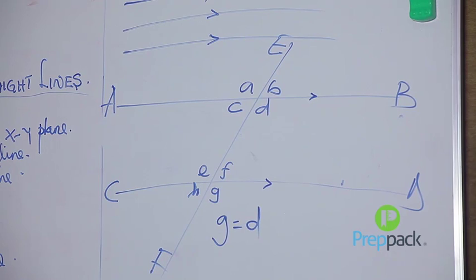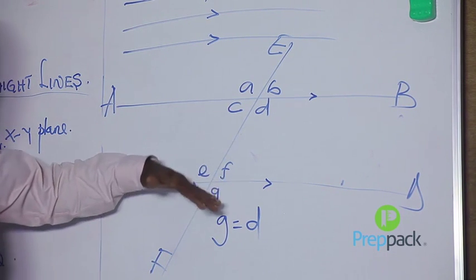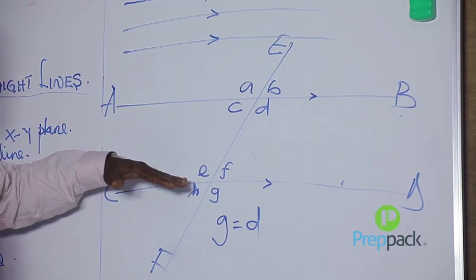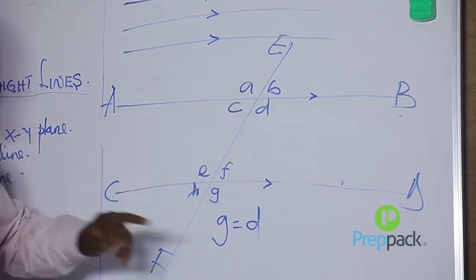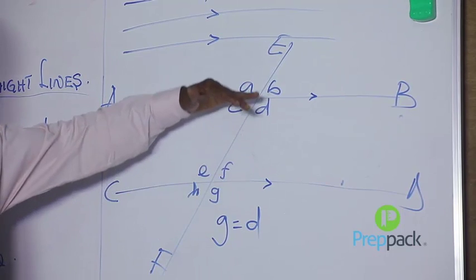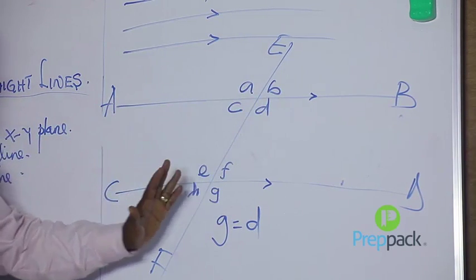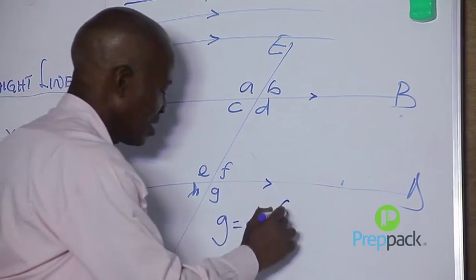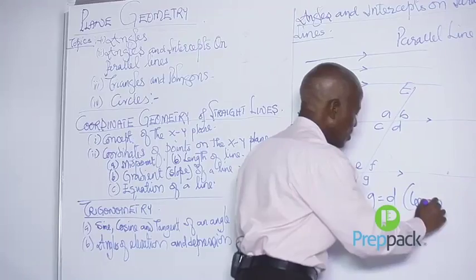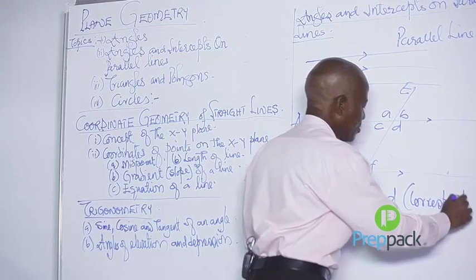Why is it so? G and D are below the line, and they are on the same side. They are corresponding angles.